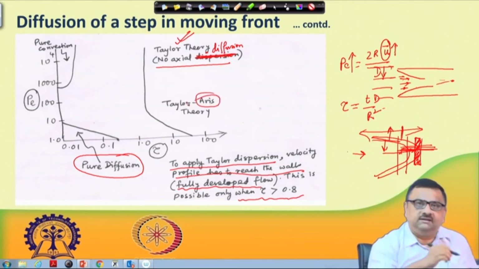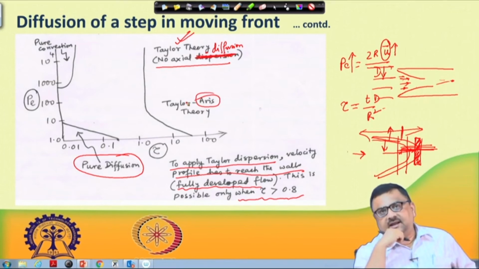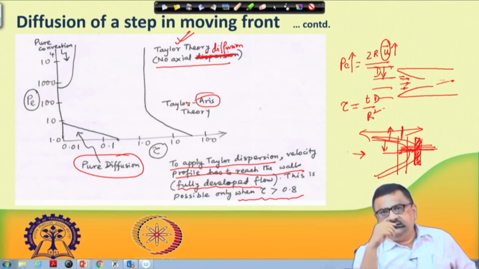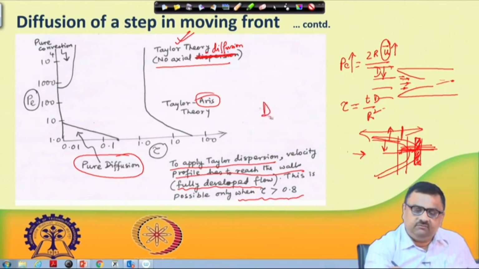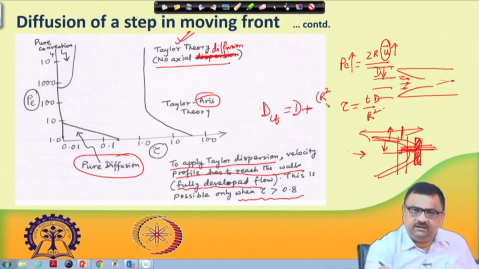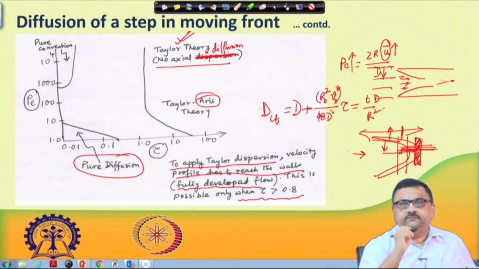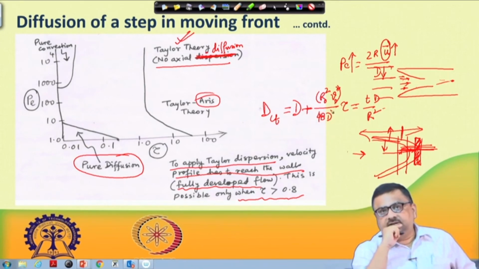So, at that time let us do the correction of Harris, because Harris has said that the dispersion coefficient is equal to the contribution from axial diffusion, that is the same as the diffusion coefficient D, and then you have R square, the radius of the capillary. Some places we write it as R naught square, the same thing. Similarly, v naught square R naught square, divided by 48 D. So, this is how the various regimes work out.